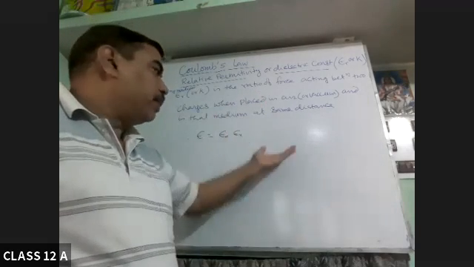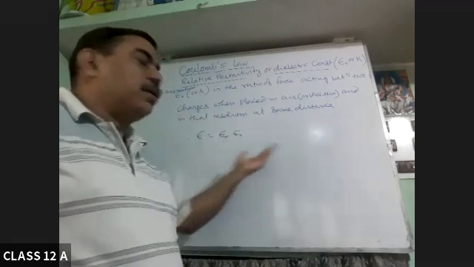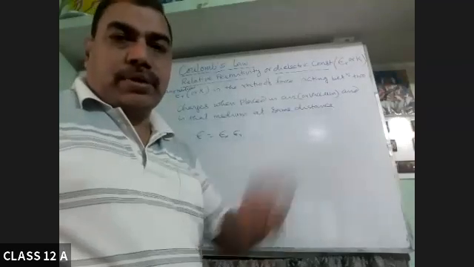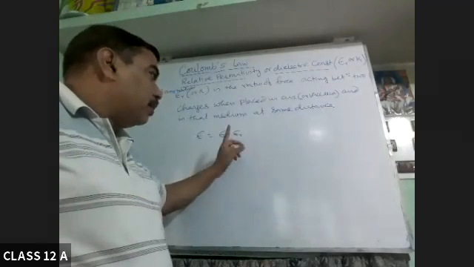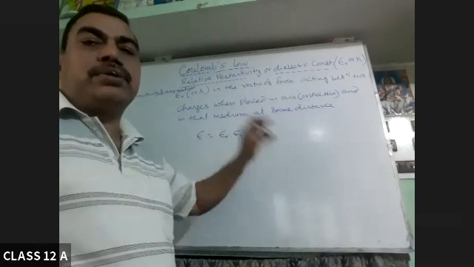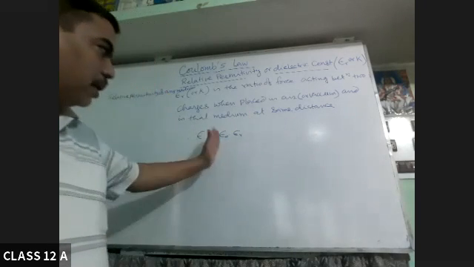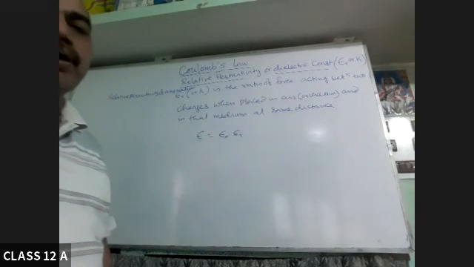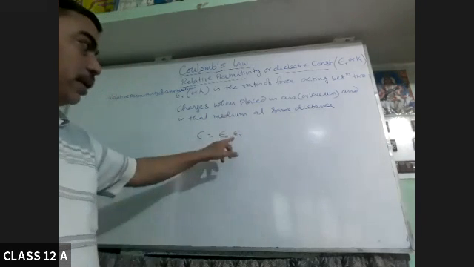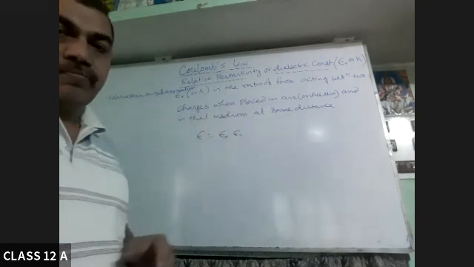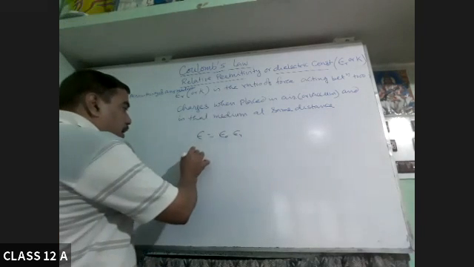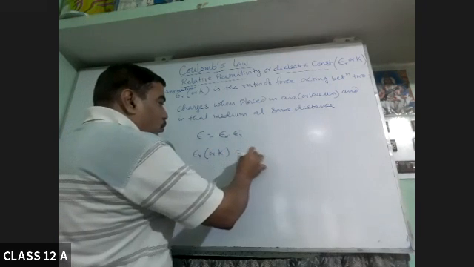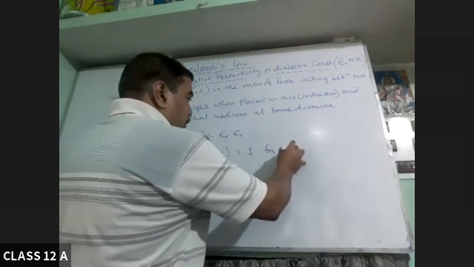Only the dielectric constant of that particular medium will be given. For example, when placed in paper, the dielectric constant may be 5, or in glass, the dielectric constant is this much. Epsilon naught we know, epsilon r will be given, and that will be in the form of a number only. It is minimum for vacuum, so epsilon r or k equals 1 for air.